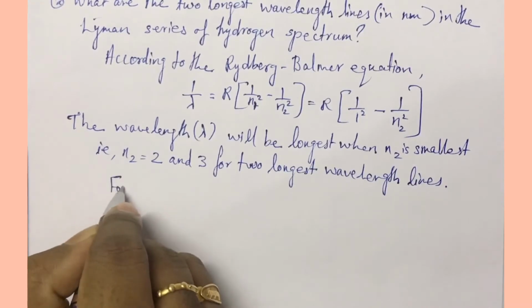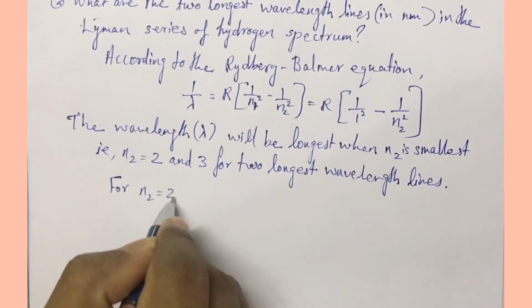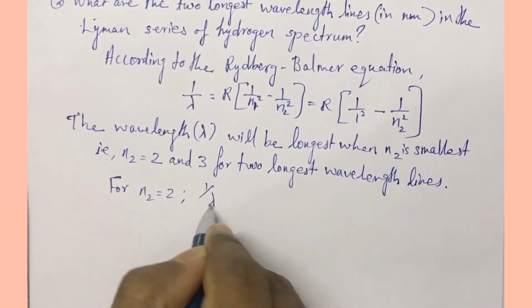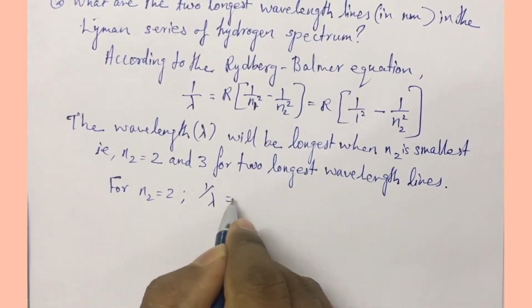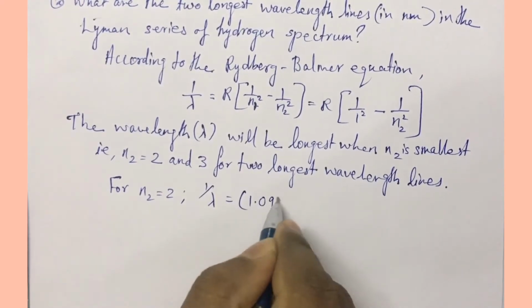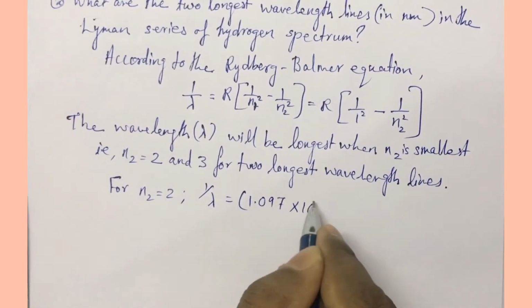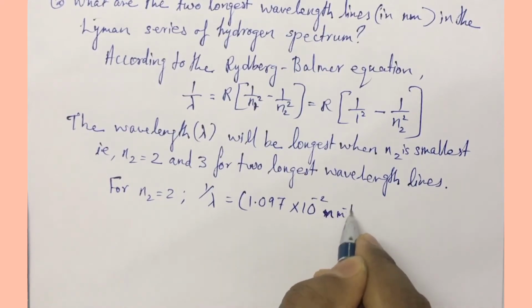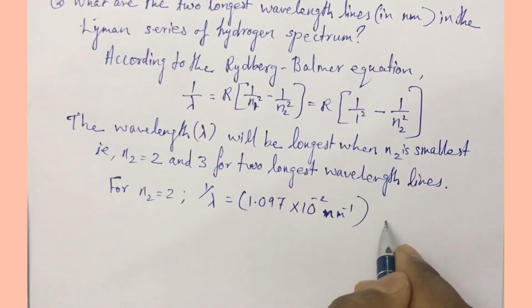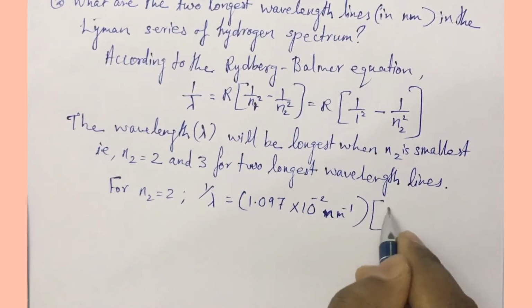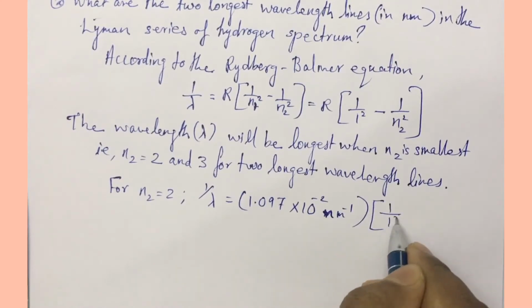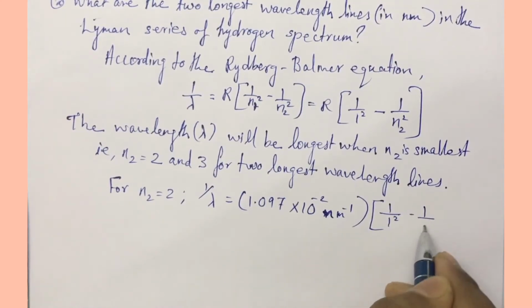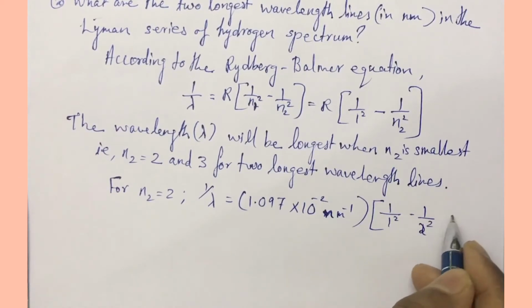For n2 is equal to 2, 1 by lambda is equal to 1.097 into 10 raised to minus 2 nm inverse. We are taking it in nanometers. According to the question, I have changed the formula: 1 square minus 1 by 2 square.